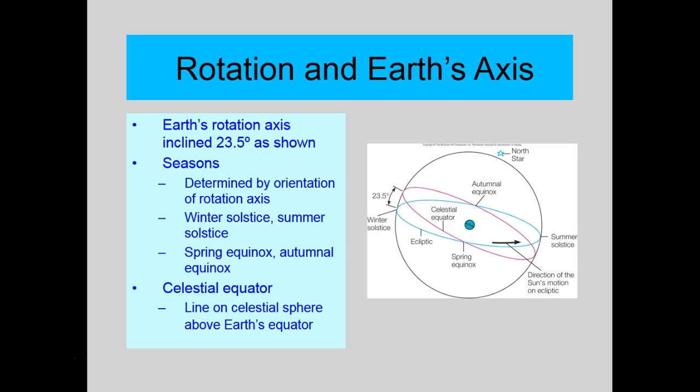The seasons are determined by the orientation of the rotation axis. Winter solstice and summer solstice are as low or as high in the sky in the northern hemisphere as the sun ever gets. Solstice meaning sun, sol, and cease, still.